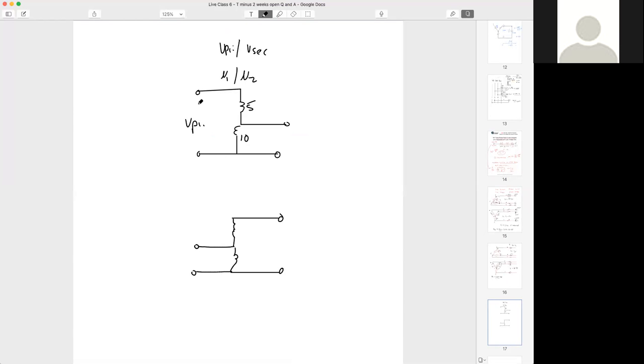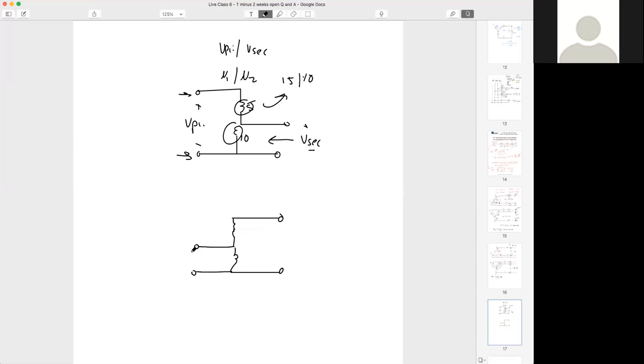If this is our primary and this is our secondary, it would be what? 15 to 5, because on this side we've got 5 plus 10 gives our 15. That's what our primary is seeing. And our secondary is only, it'd be 15 to 10, wouldn't it? There we go, 15 to 10, because now our secondary is only seeing 10.